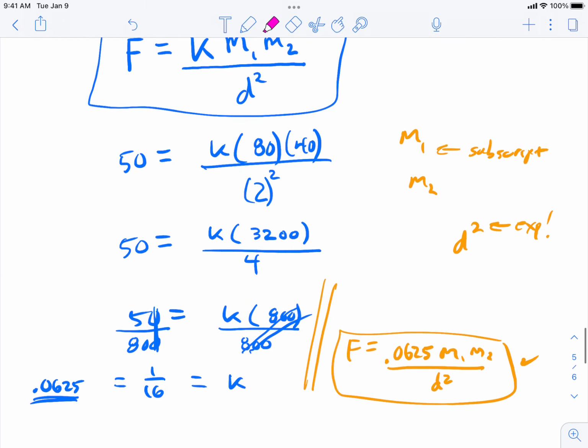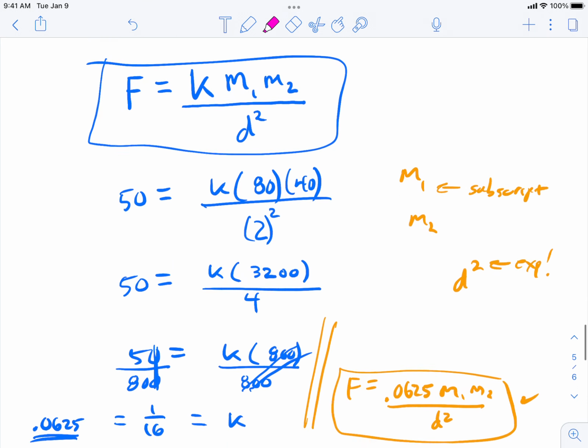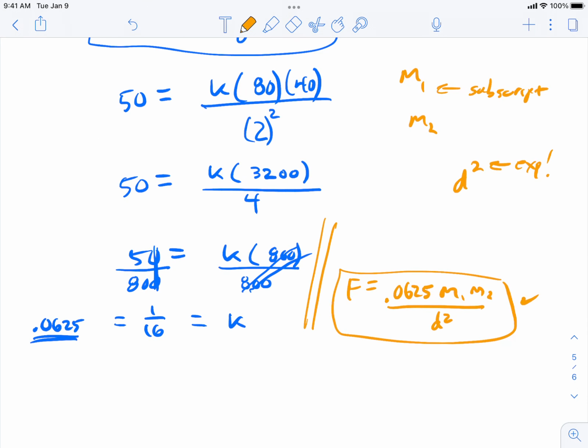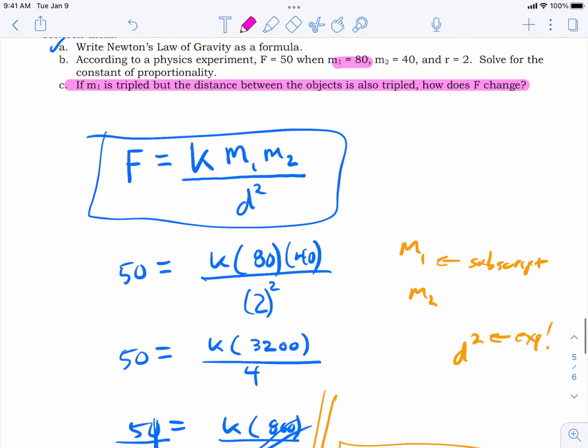M1 was tripled, huh? Well, what was M1? M1 was 80. So we're going to triple that. I'm going to say M1 is 3 times 80. I'll just write it out so we can follow what's going on. So M1 is going to become 240. M2 doesn't change, I don't think. They didn't say to change M2. Nope, they didn't.